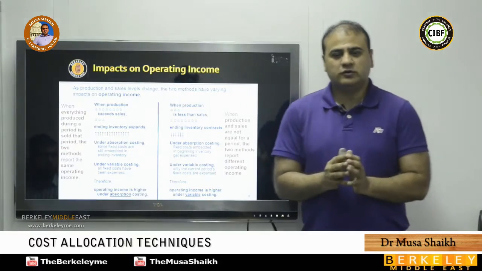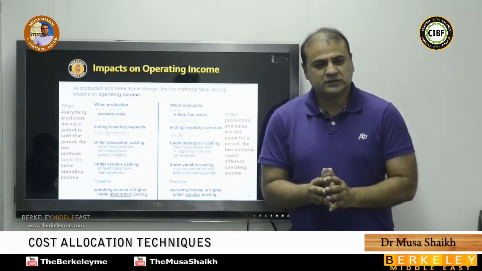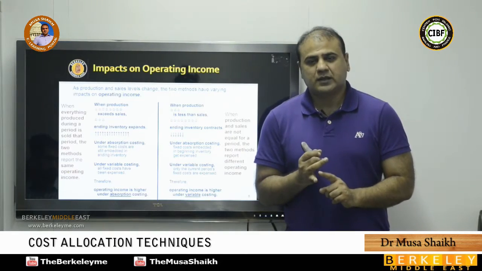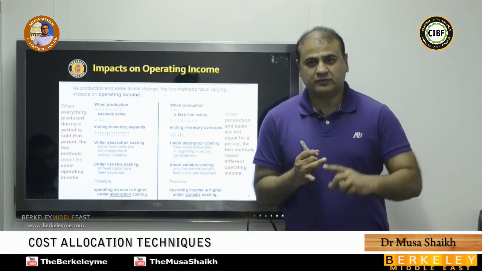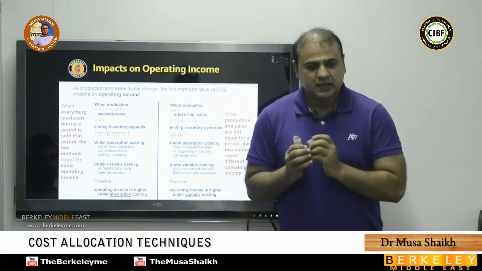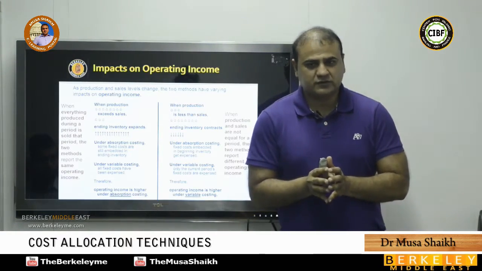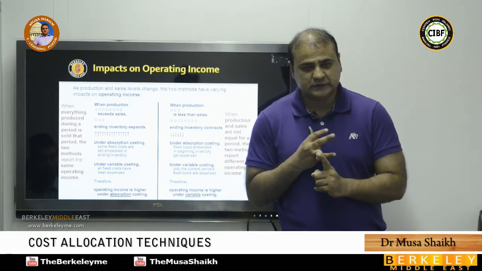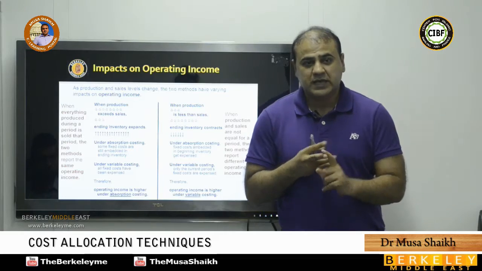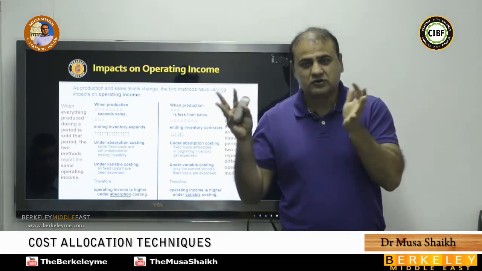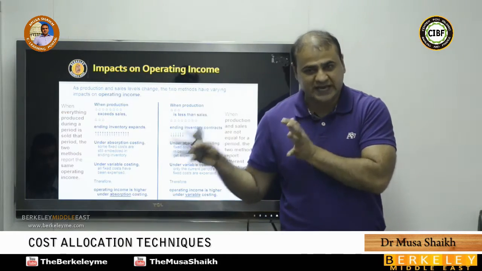When we have more closing stock, under absorption it gives you a big value, because absorption means fixed plus variable together. How do we calculate cost of goods sold? It's a very basic formula: opening stock plus purchases less closing stock. If the closing stock figure is more, then your cost of goods sold is going to be less.